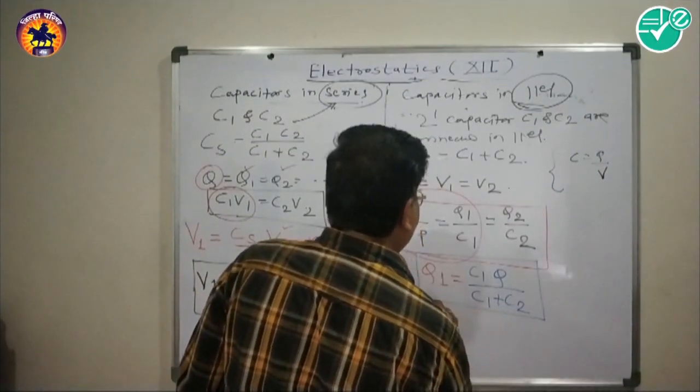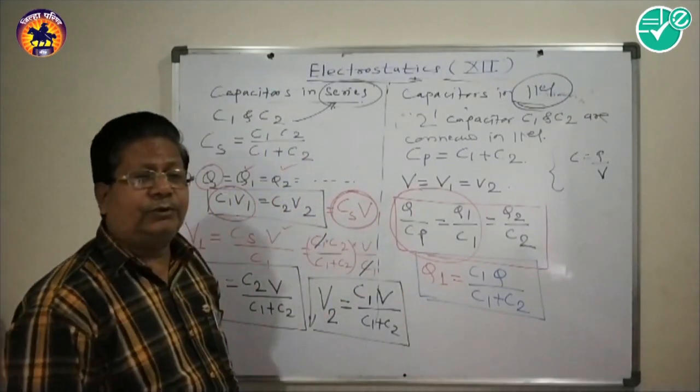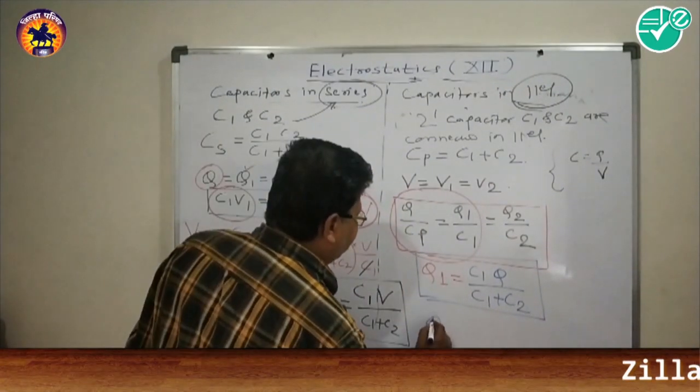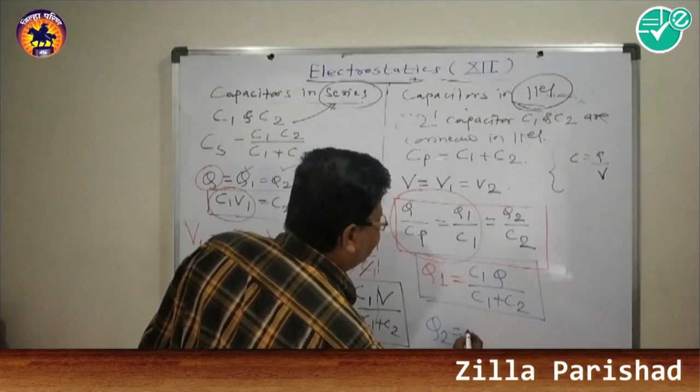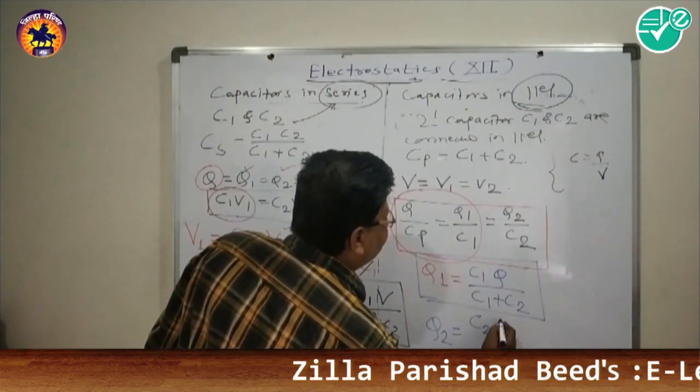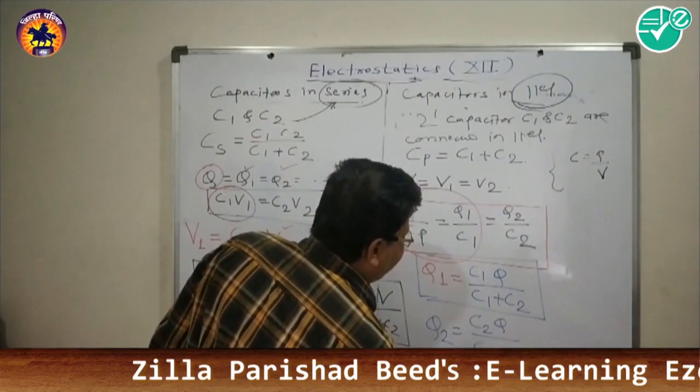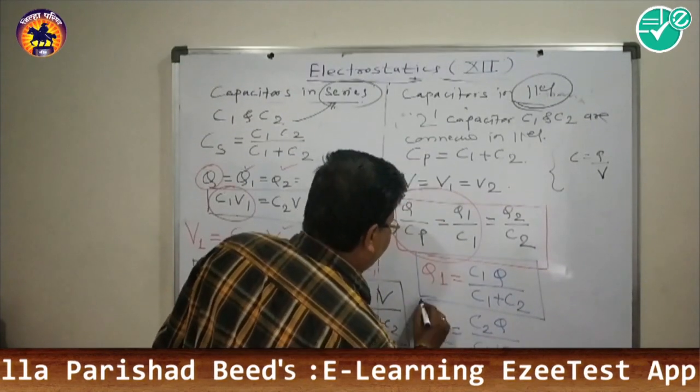So the charge on the first capacitor is calculated by using this formula, and similarly the charge on the second capacitor Q2 is equal to C2 into Q divided by C1 plus C2.